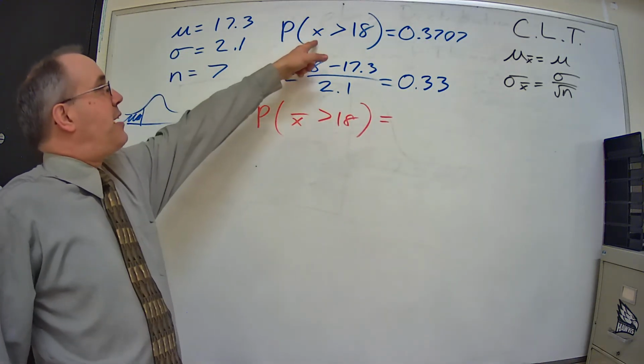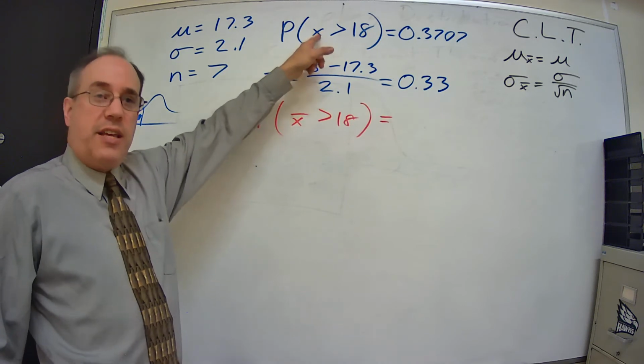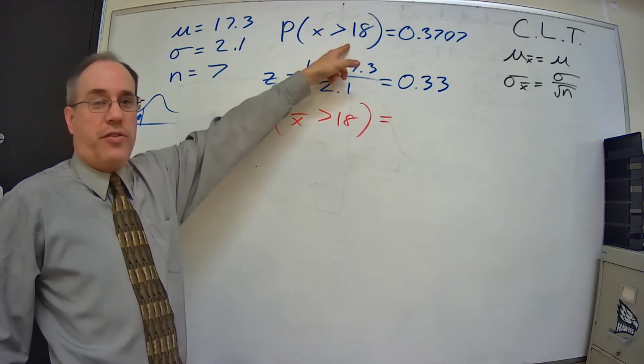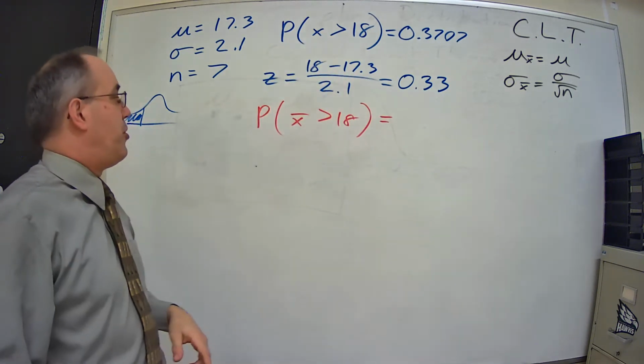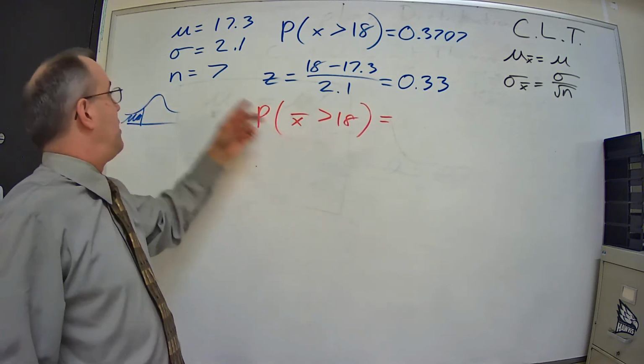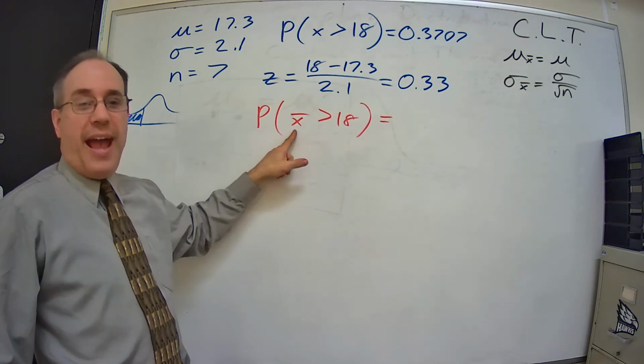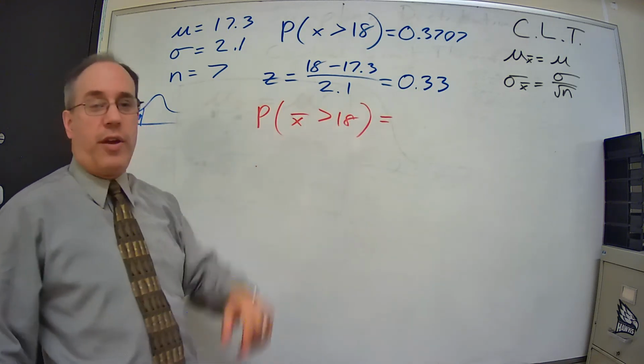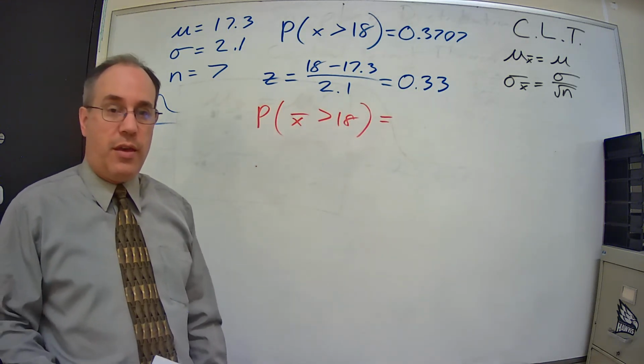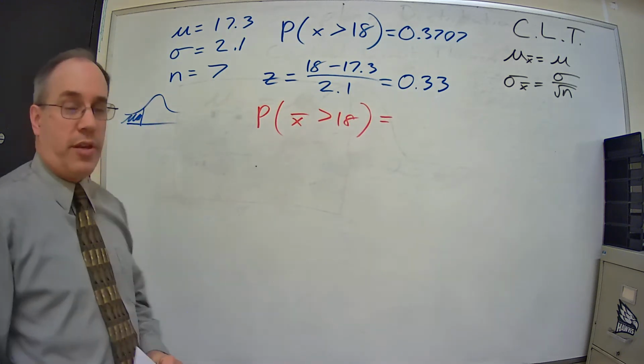So we're no longer asking the probability that a single item has a value greater than 18. We're asking the probability that if we select a sample of 7 items, their average will be greater than 18. Well, that's going to change a couple things for us.